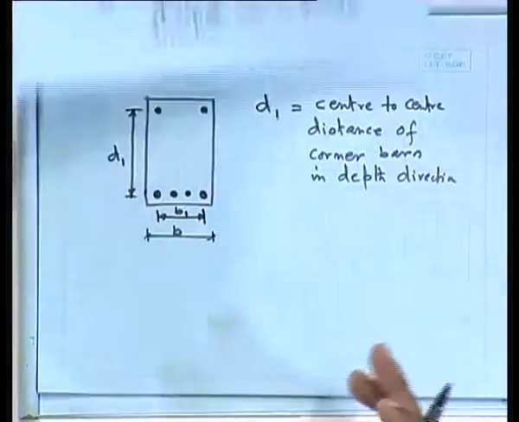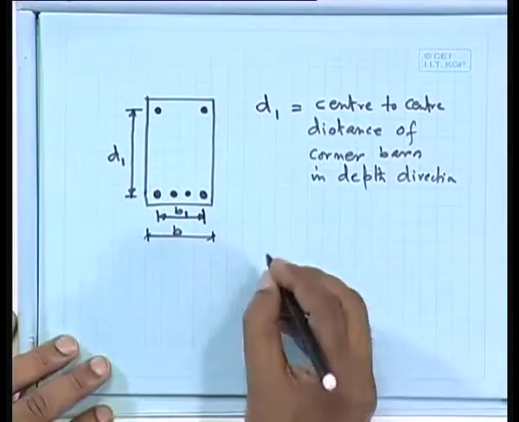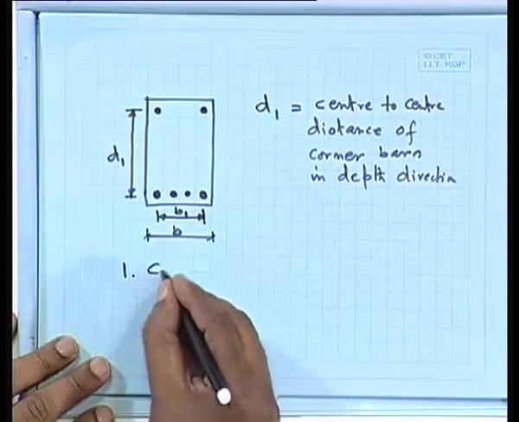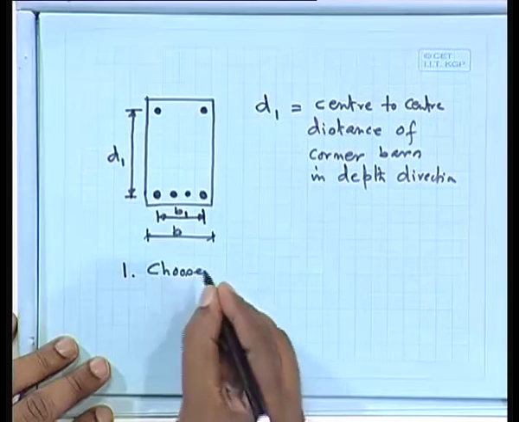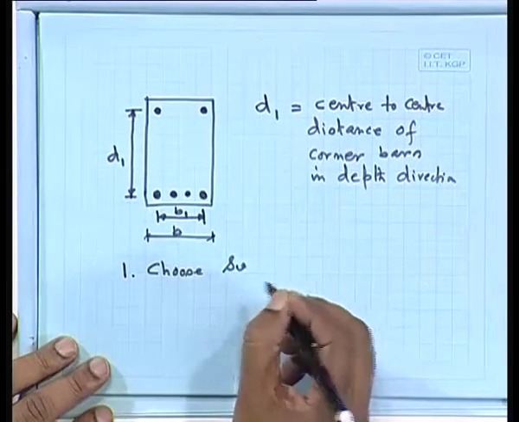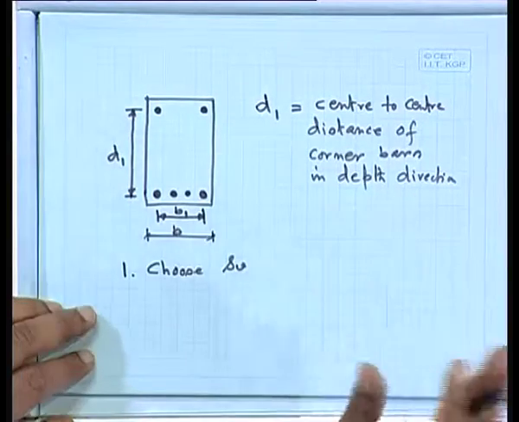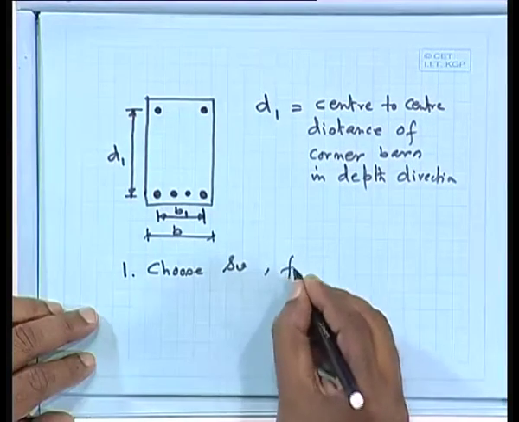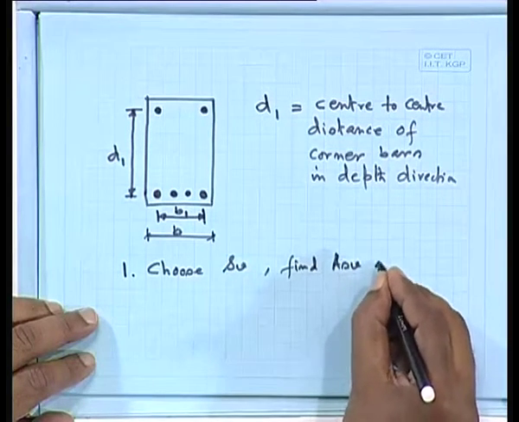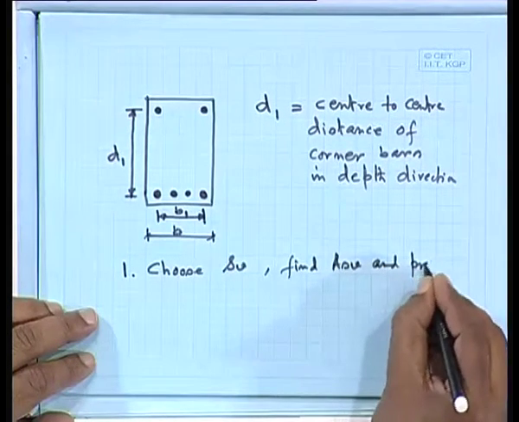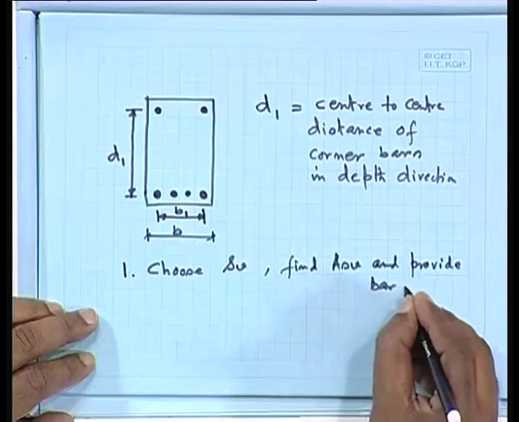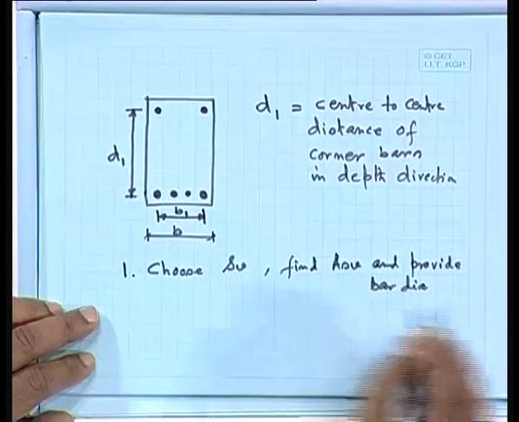Number 1: choose SV as per the code, that it should not be more than a certain value, and find ASV and provide that bar dia. This may be one case.